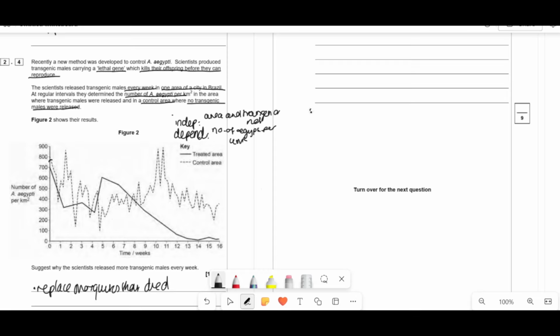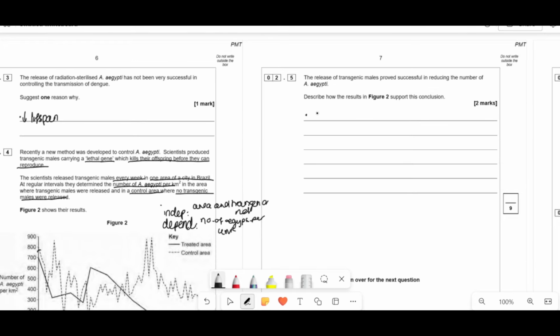So we need to look at the data to see how it supports that this method of treating works. If we look at the start, it's at 700, and at the very end, it's nearly 0. So after the entire 16 weeks, the number of mosquitoes at the end is lower than the control, because in the control it's just fluctuating up and down. So that's immediately a supportive thing.